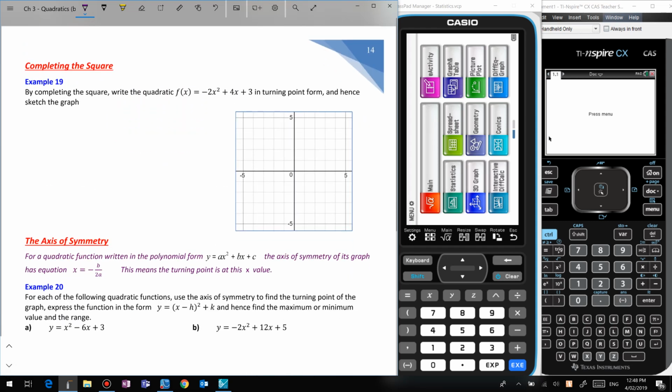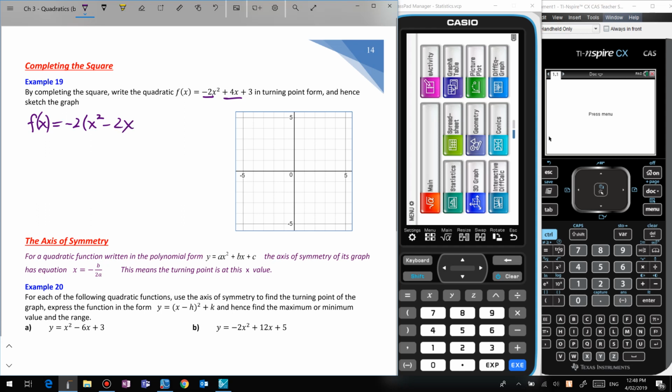Okay, this graph here, by completing the square, write the quadratic in turning point form and hence sketch the graph. Okay, so let's start. We've got f of x. We know we've got to take out negative 2 because whenever you complete the square the coefficient of x squared has to be 1. So negative 2 x squared, then minus 2x.